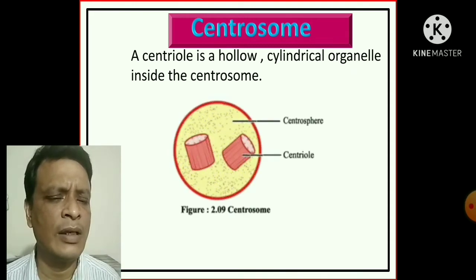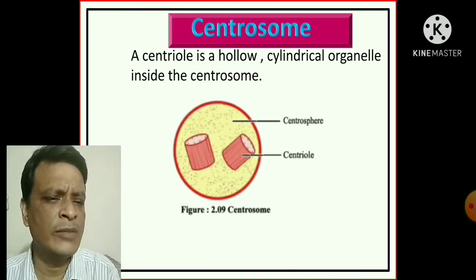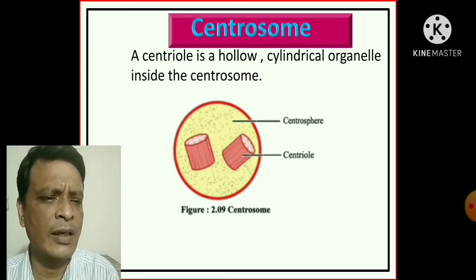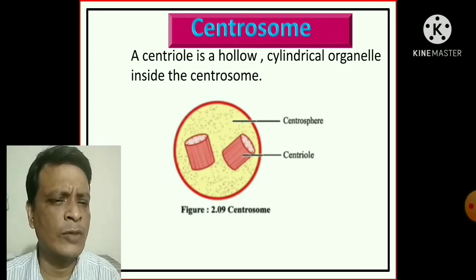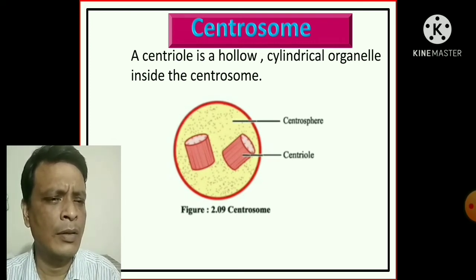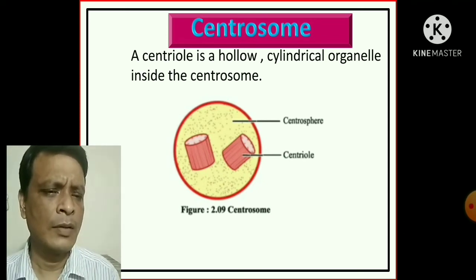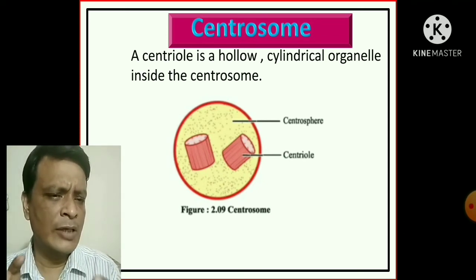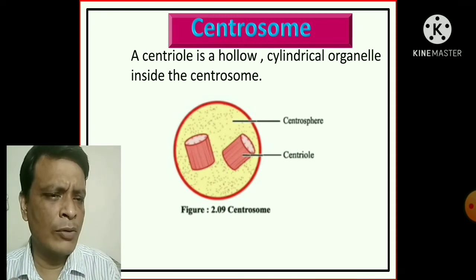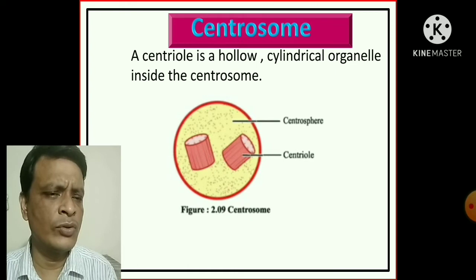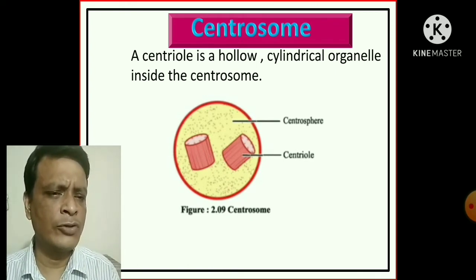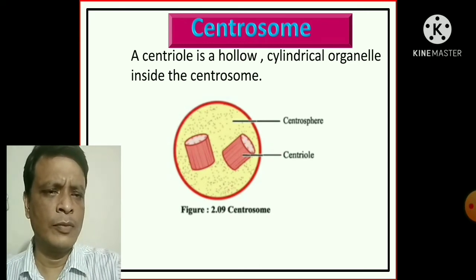If you look at the figure here, this is the centrosome, and this centriole is basically involved in the formation of the aster ray, and it is also responsible for the formation of the spindle apparatus. The centriole is surrounded by a jelly-like substance which is called the centrosphere, and centrosphere and centriole together constitute the centrosome.